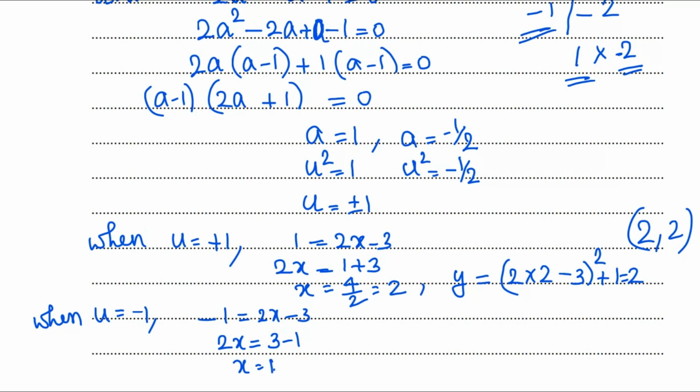What is the y value? y equals 2 times 1 minus 3, the whole squared, plus 1. 2 times 1 is 2, minus 3, you get negative 1. Negative 1 squared is positive 1. Adding 1, you get 2. So this is (1, 2).